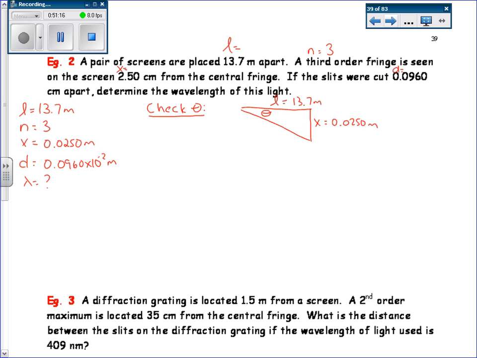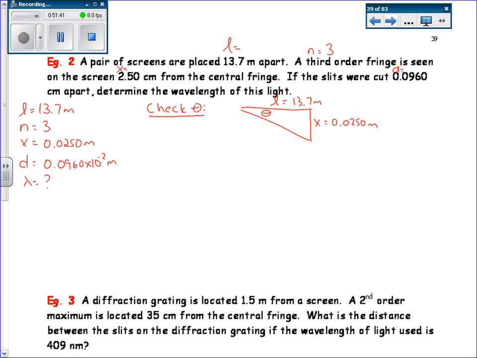Now I can actually tell from looking at that, because there's a significant difference between 0.0250 meters and 13.7 meters, that angle is going to be tiny. So you think about that, 13.7 meters, that's maybe the size of this classroom, maybe a little bit bigger, and then 2.5 centimeters is about that big. So the triangle it makes is going to be very puny.